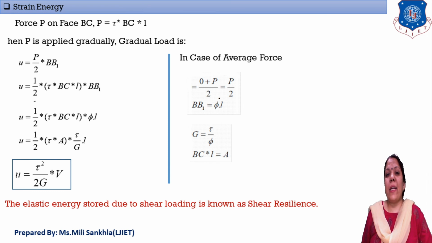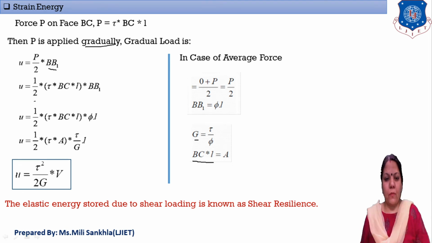So it acts as average P by 2, and BB1 is equal to phi into L. G is the shear modulus, the ratio of shear stress to shear strain. Now we use this relation.